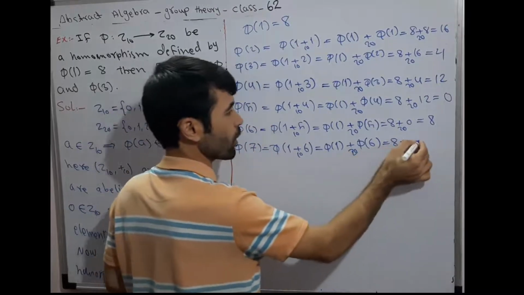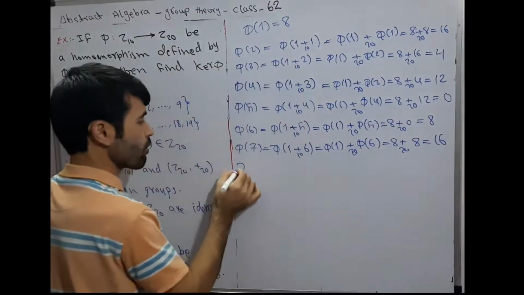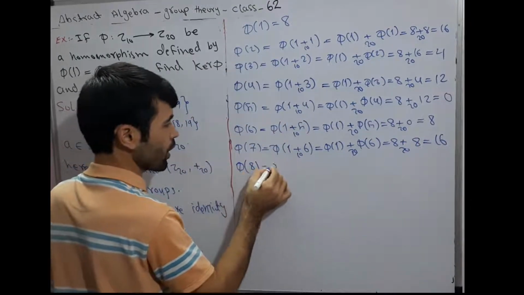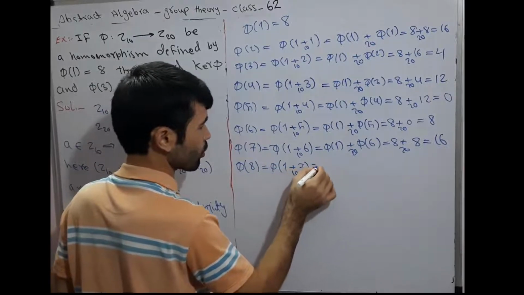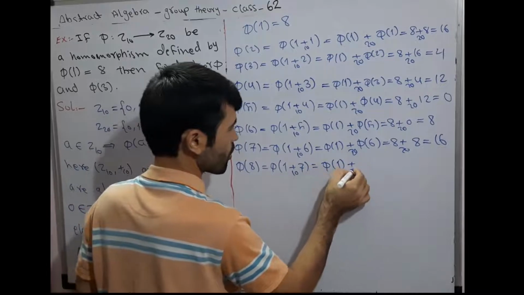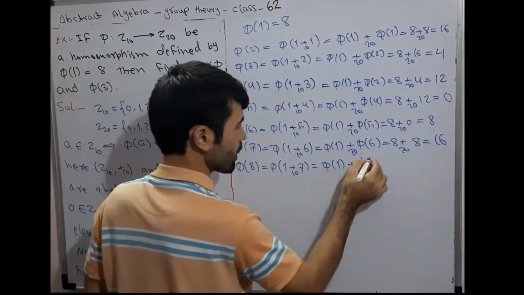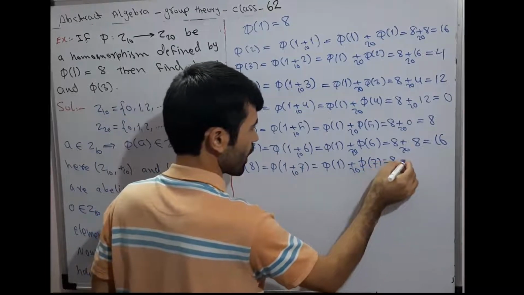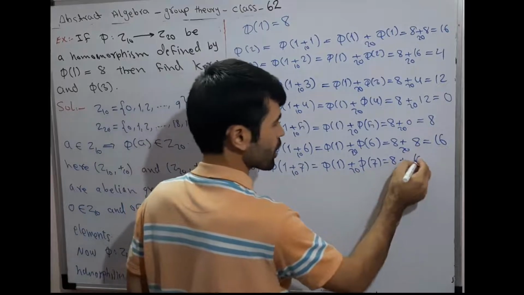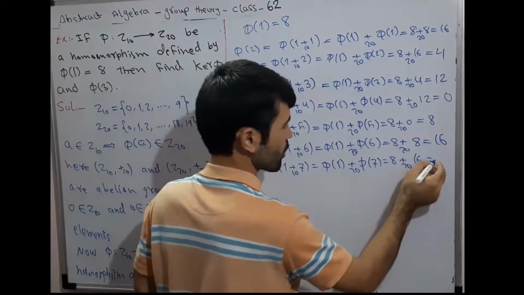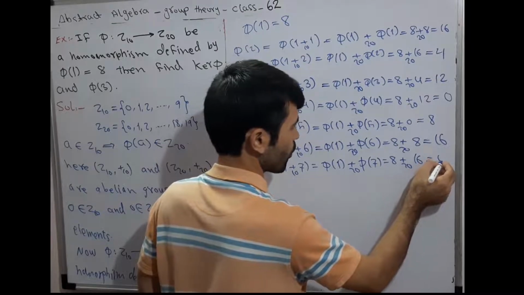Phi of 6 is equal to 8. 8 plus 8, it will become 16. Phi of 8 is equal to phi of 1 plus 7, which is phi of 1 plus phi of 7, addition modulo 20. Phi of 7 is equal to 16, so 8 plus 16 is 24. 24 divided by 20, remainder will be 4.